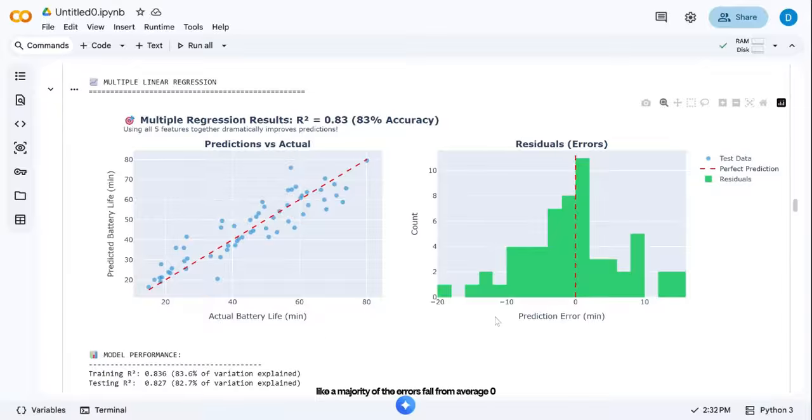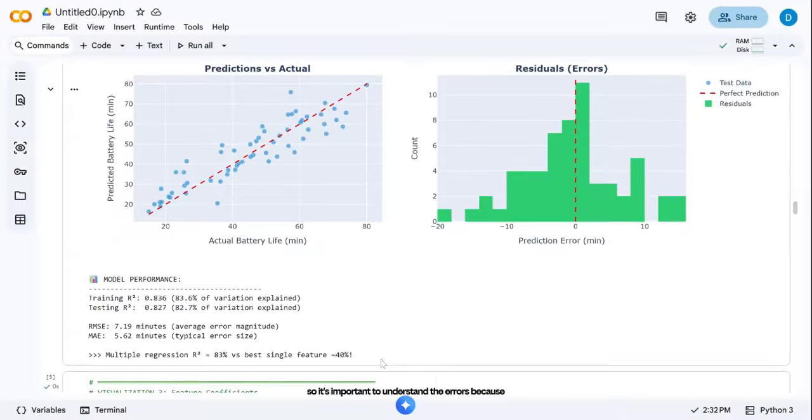The majority of the errors fall around the average of 0, and then go down to minus 10 and plus 10, right? So it's important to understand the errors because all these models will have errors. There could be other factors playing in here.